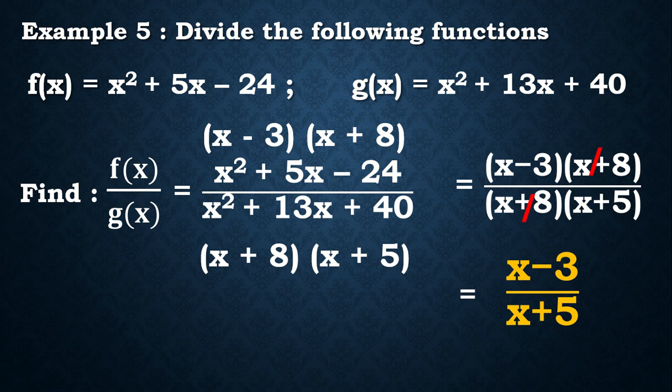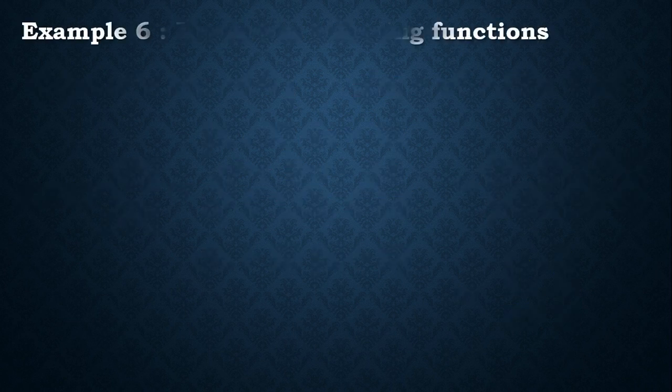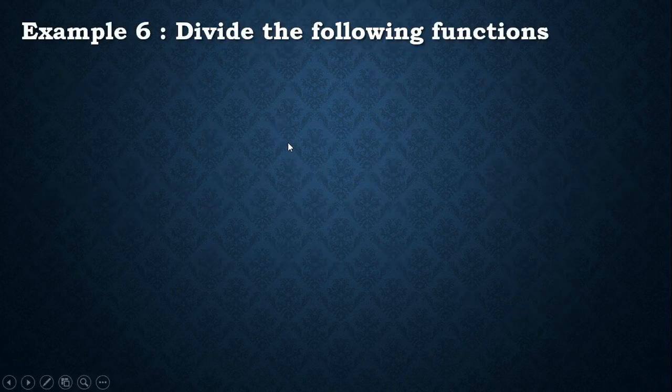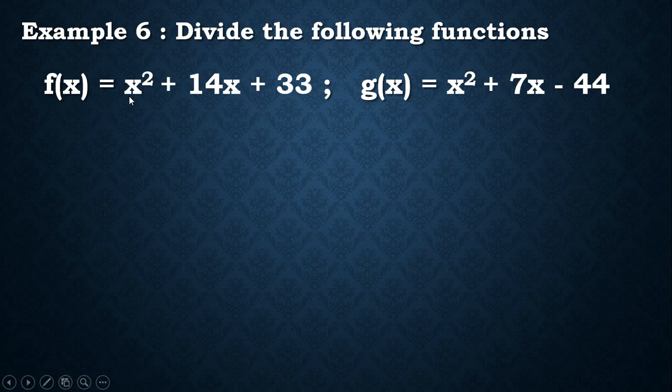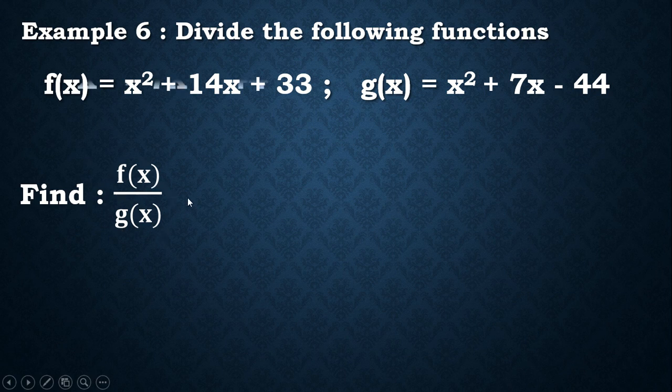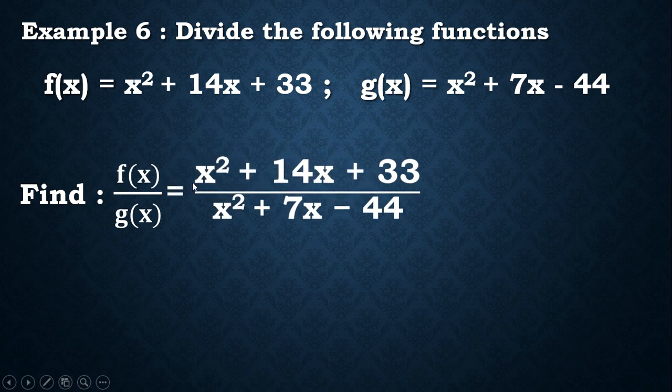Let's proceed to our example number 6. Divide the following functions. F of x is equal to x squared plus 14x plus 33. The g of x is equal to x squared plus 7x minus 44. Again, they are both trinomials. And then we have to divide f of x by g of x. We substitute f of x as x squared plus 14x plus 33, and g of x as x squared plus 7x minus 44.